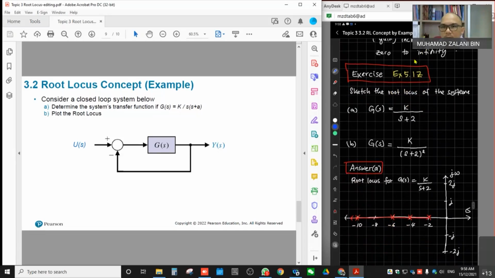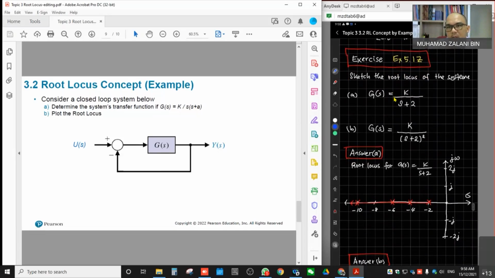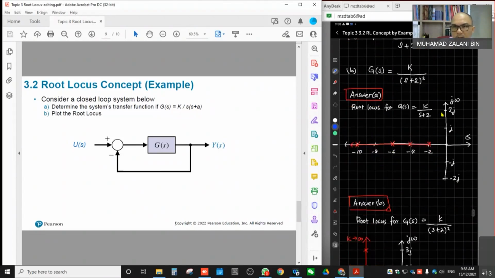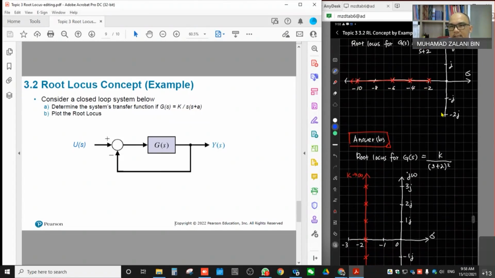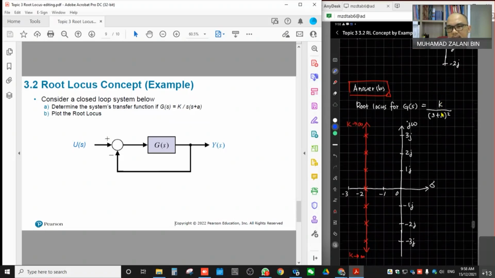So maybe I will make it properly in your e-learning system so that you can submit this exercise 5.1. We have ada dua. A apabila G(s) K over S plus 2. B G(s) K over S plus 2 square. So yang ni answer hints. Answer hints. So you can see the answer hints here.